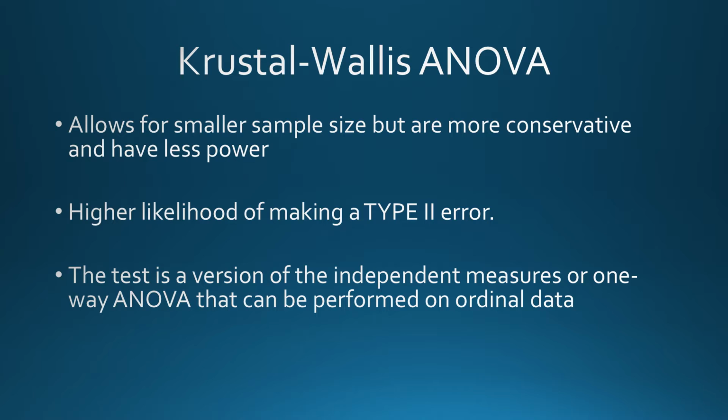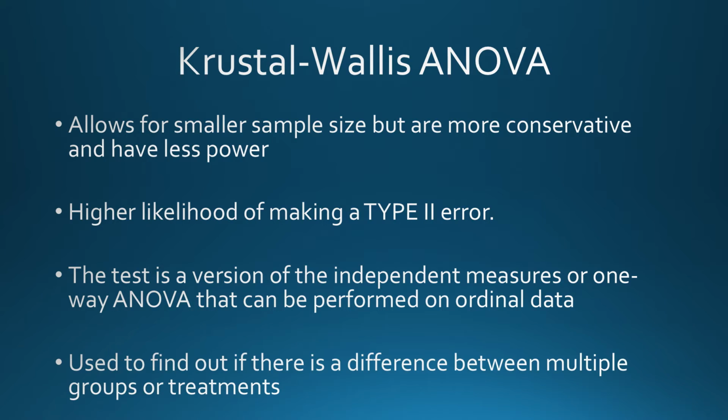The Kruskal-Wallis test is a version of the independent measures or one-way ANOVA that can be performed on ordinal data. We normally use this to find out if there's a difference between multiple groups or treatments. So very similar to the parametric methods, but less power, more conservative.